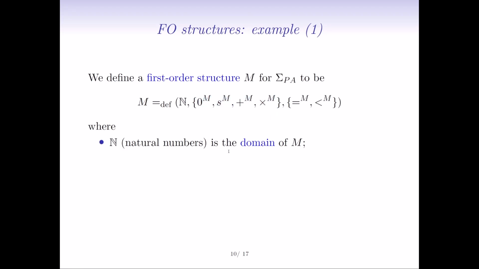So for each of these, we have to give it an interpretation in the domain of natural numbers. If we take the symbol 0, then that's a constant, which means it has to get interpreted as a constant or an object in the natural numbers, which means a natural number. So the obvious interpretation is to interpret 0 in the structure M as being the natural number 0. We could interpret it as a different natural number, but interpreting it as 0 seems to make the most sense.